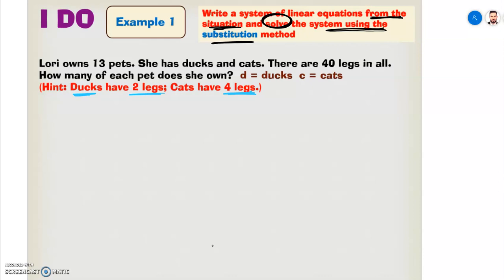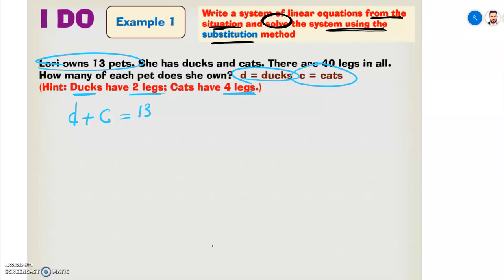As we said yesterday, our first equation is: Lori has 13 pets, which is the summation of the ducks and the cats, D for duck, C for cat, so D plus C equals 13. The second equation is about there being 40 legs in all.